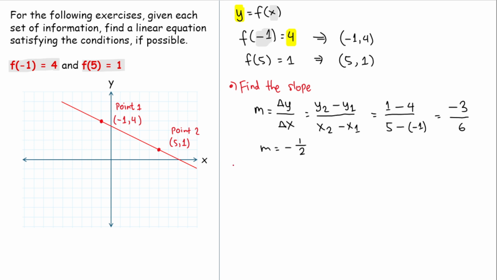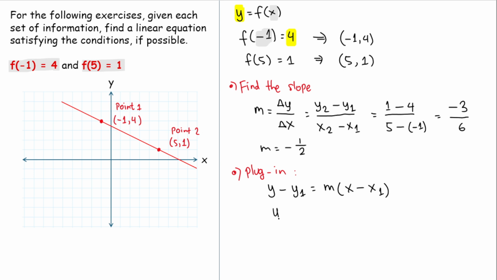And we can find out the equation of the line by plugging into our standard formula. What is our standard formula? y minus y1 equals the slope multiplied by x minus x1. Now we need to find out x1 and y1. We already have it in point 1, right?